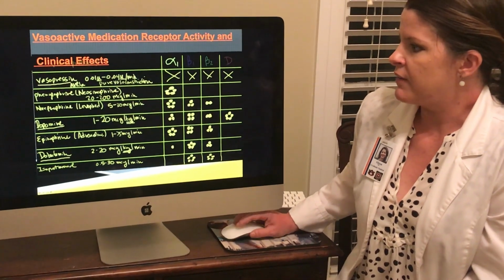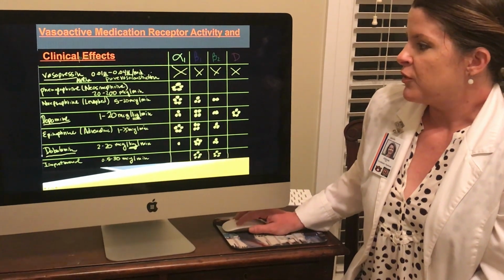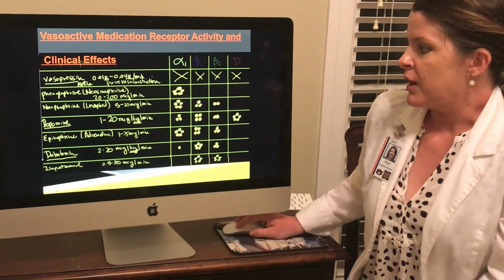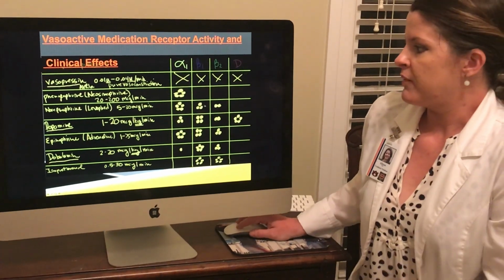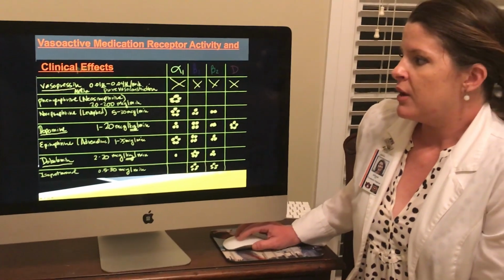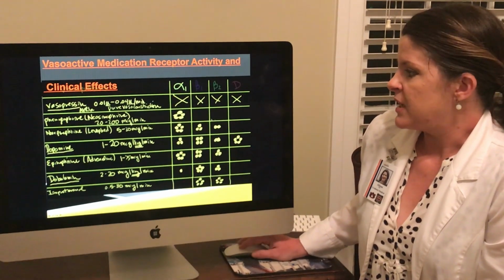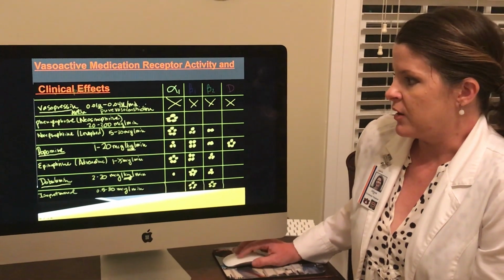We also have norepinephrine, which is going to have a little vasoconstriction, a little increasing of your heart rate with your inotropic effect, and your vasodilation. So Levophed is a very good choice because we see that it has a little bit of everything here.